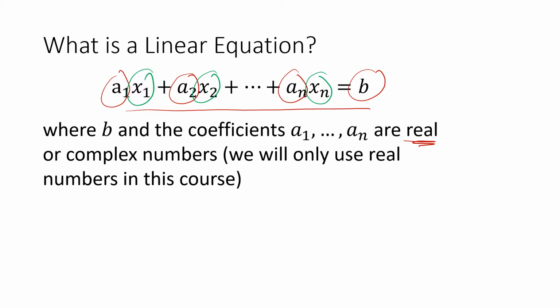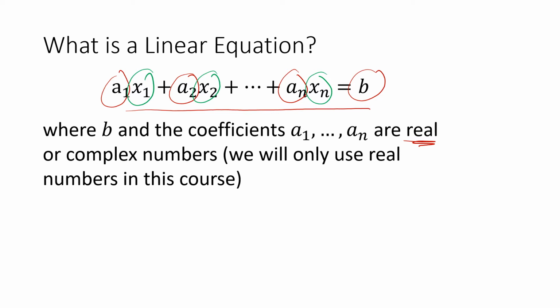So when you see an equation like this, it is called a linear equation. The key thing here is that your variables don't have squares, don't have square roots, they don't have exponentials, they don't have anything like that. They're just simple variables.